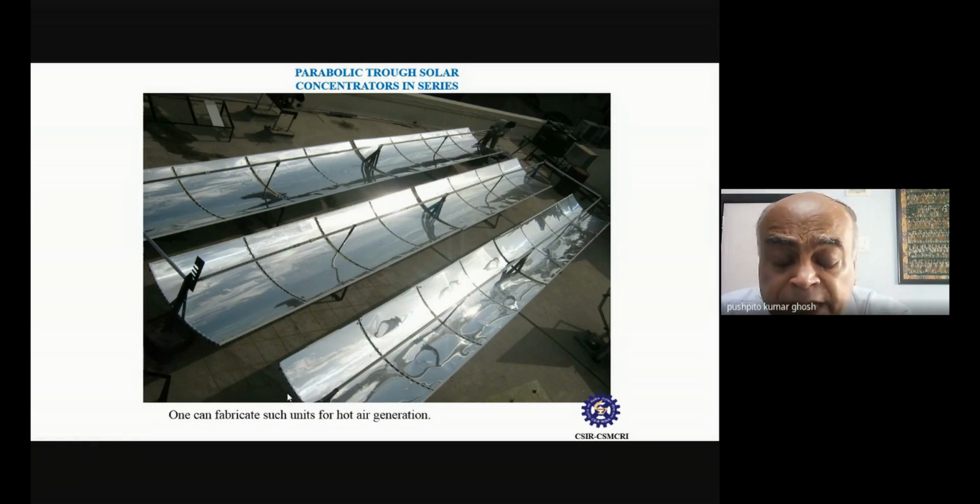By the way, it need not be only water and steam. For example, many times what happens is that if you are indoors, suppose you are in your kitchen, where will you get this solar energy from?